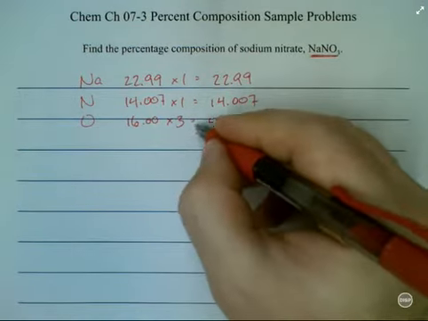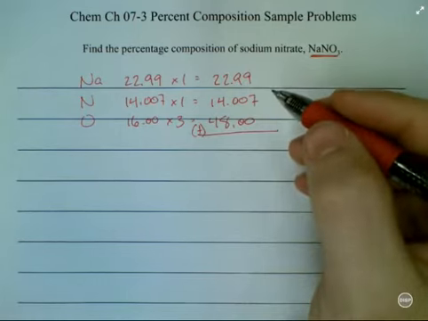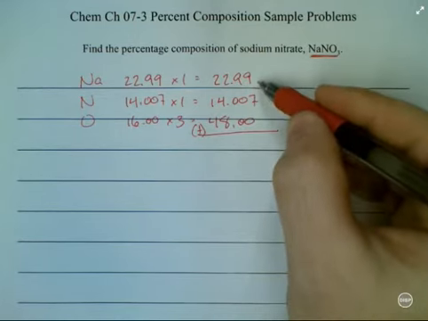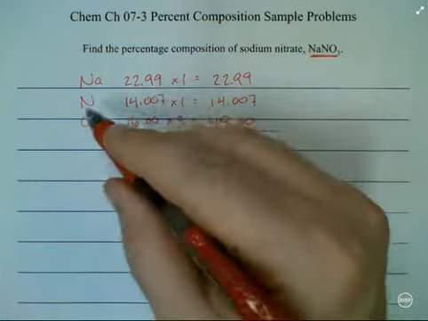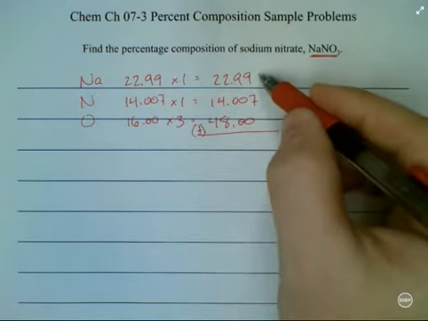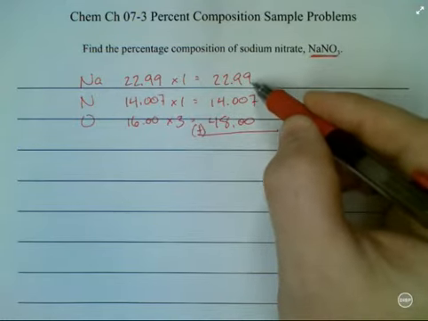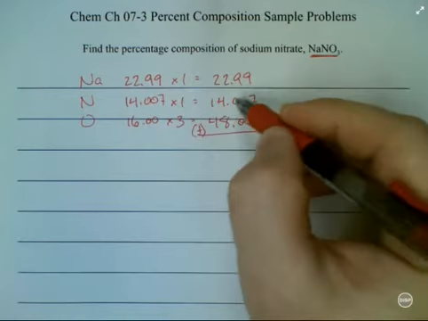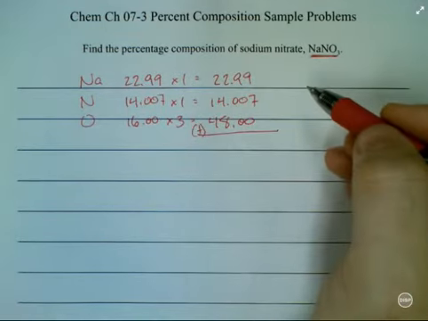Now the nice thing about doing this problem using this procedure is later when I go to calculate the percent composition for each individual species, I actually have the total mass due to each individual element already listed and easily accessible. So I definitely suggest using this procedure in the future.